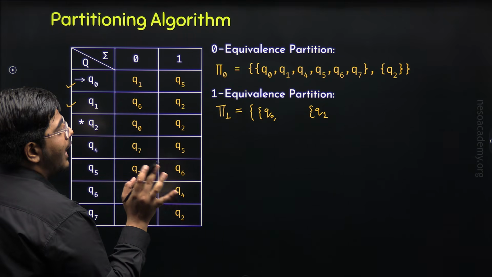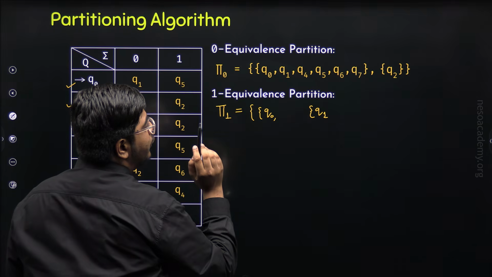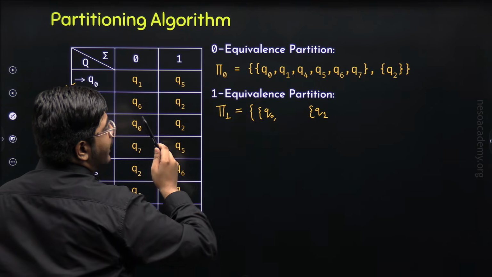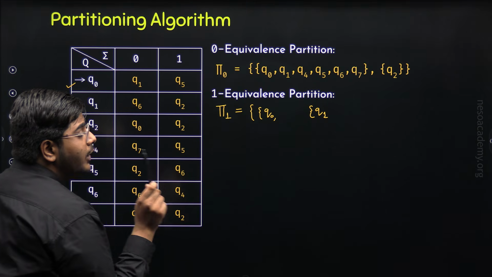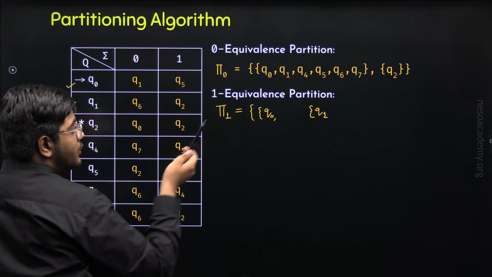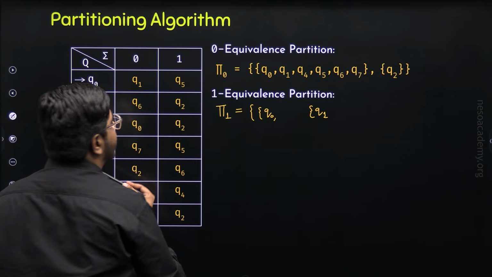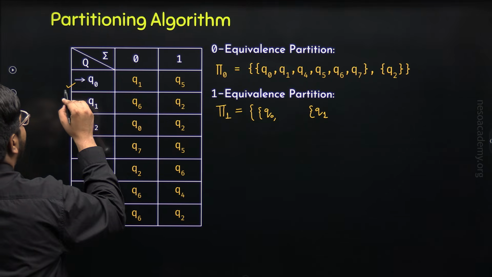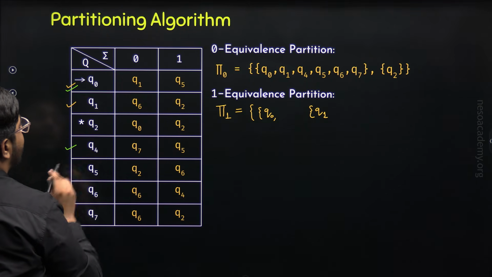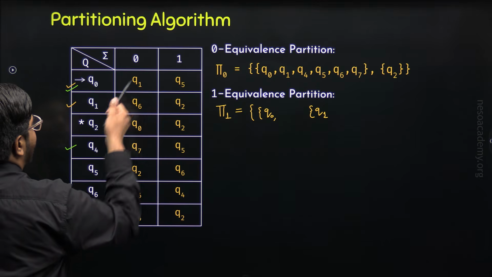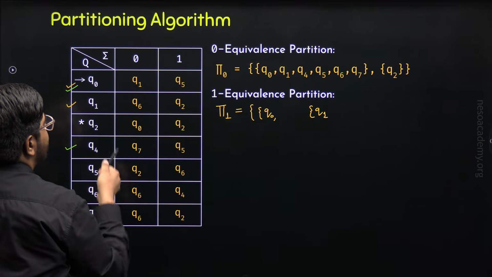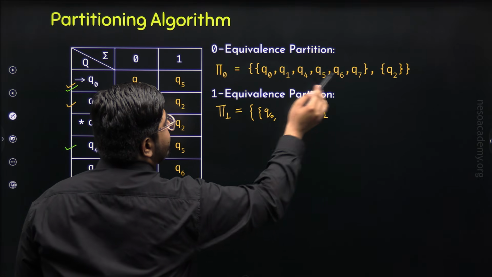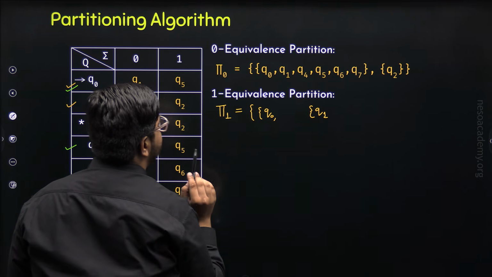Now, let's check our next state, which is Q4. Q4 is to be checked with Q0 as well as Q1, because Q0 and Q1 are not equivalent to each other. So let's check Q4 with Q0. This time we are considering the states Q0 and Q4. Q0 on 0 gives Q1 and Q4 on 0 gives Q7. So we are getting Q1 and Q7. Q1 and Q7 lie under the same partition.